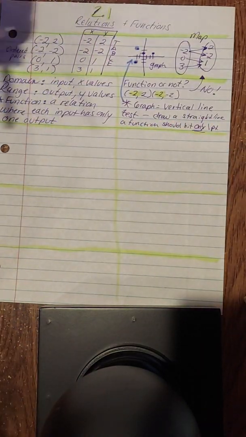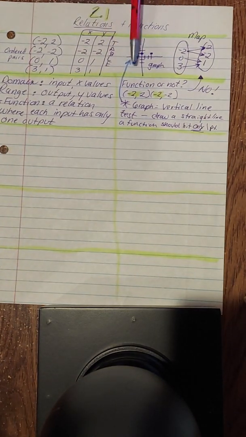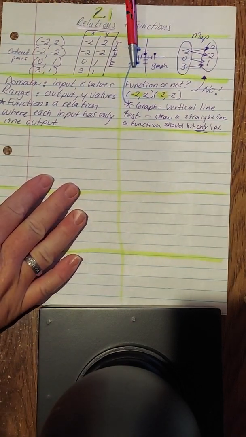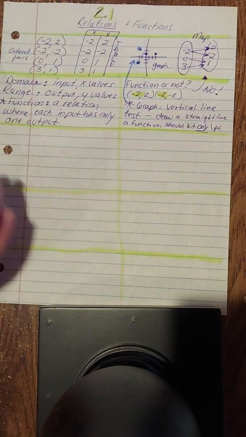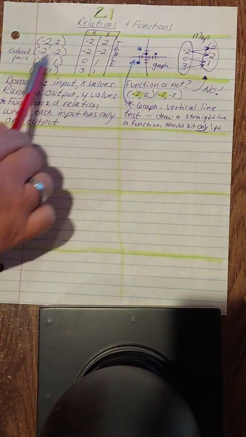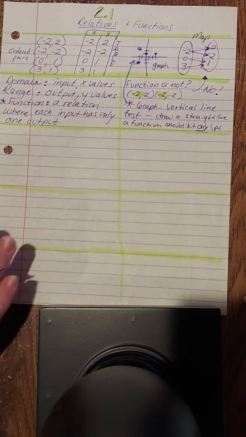So friends, if we were to put your pen right here, how many points is it hitting? Ooh, it's hitting 2 points. So that doesn't work, does it? So that fails the vertical line test. So this example of this relation does not show a function. Does that mean it's bad? Well, no, but it doesn't show a function.